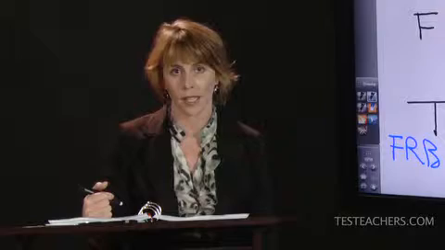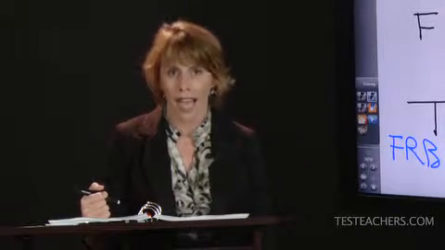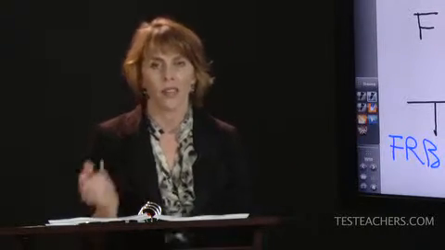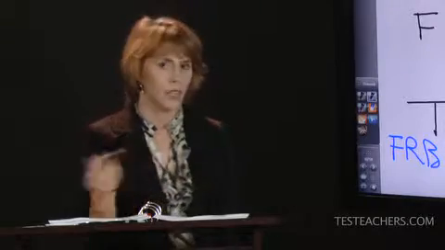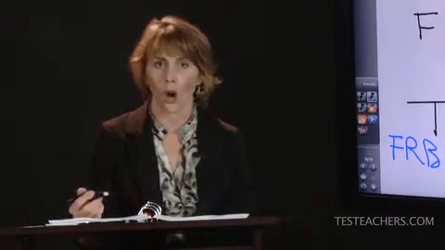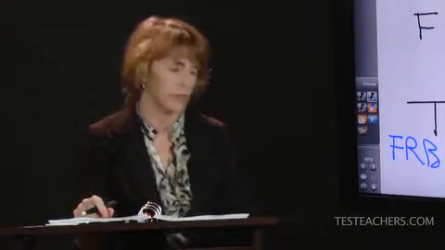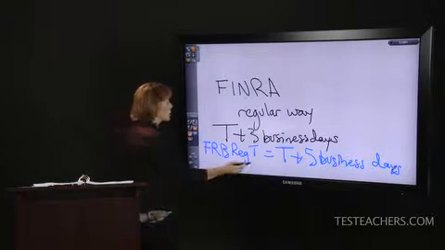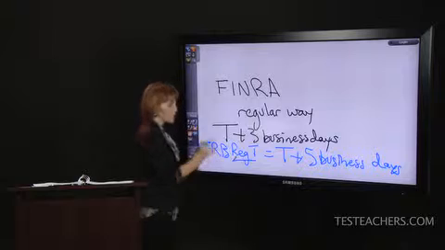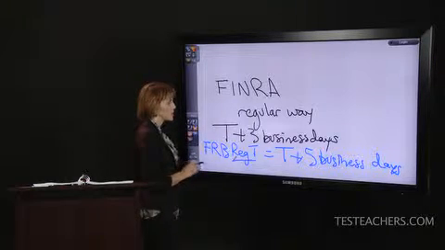Any subsequent transactions must be paid for in cash in advance. And they're going to sell off this position. If they lost money, the client's going to owe them money before the broker-dealer's ever going to do any business with them. So Federal Reserve Board Regulation T is plus 5 business days to settle.